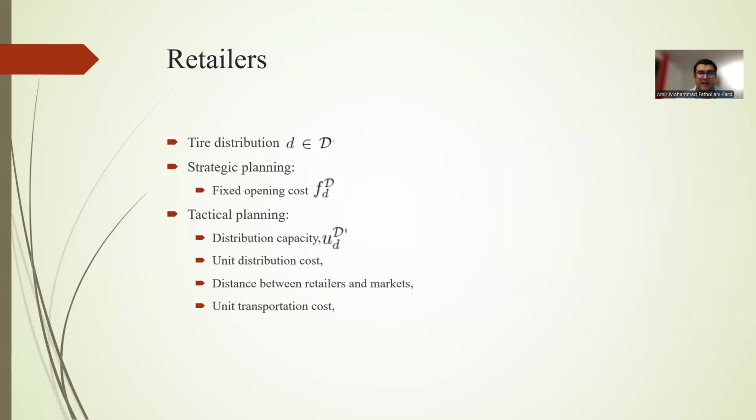From tactical planning, there is a distribution capacity for each retailer, and a unit distribution cost for distributing each tire in the network. From the physical network, there is a distance between retailers and the markets, and also a transportation cost per unit of distributed tires in our network.